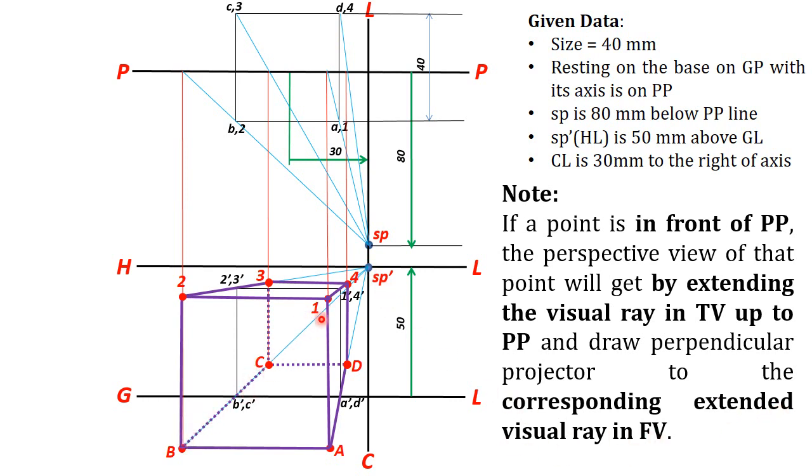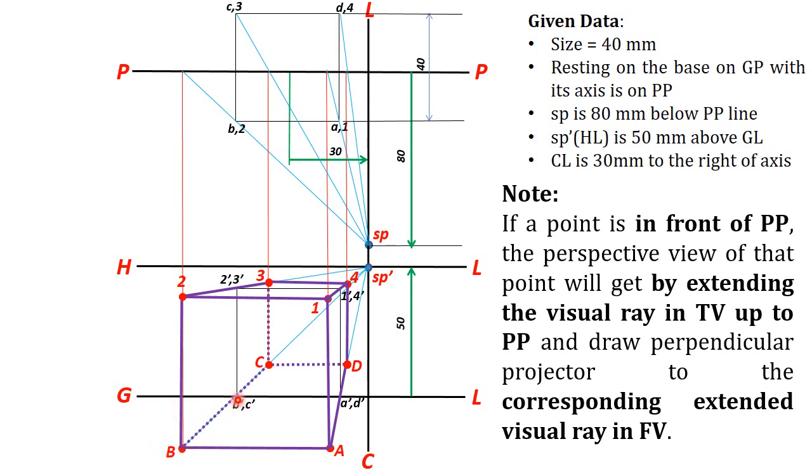So this point should be remembered here. If some part of the object is below PP, you have to extend the visual rays in front view and top view to get the corresponding perspective view of that point.